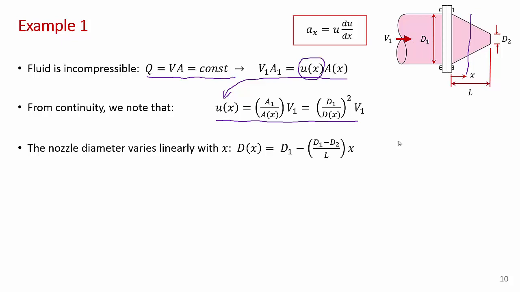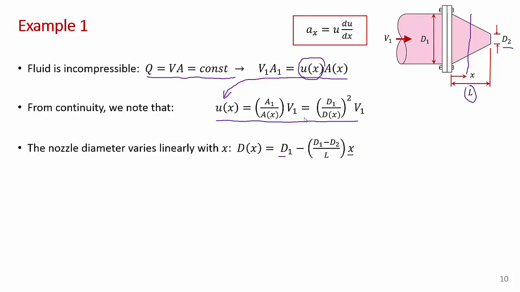You can check this is correct because if you put in x equals 0, of course you recover d1, and if you put in x equals L, you get d1 minus d1 plus d2, so you get d2. So you can see just by inspection that that linear equation is correct.